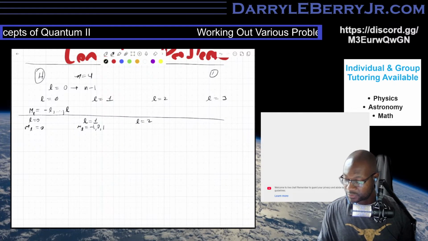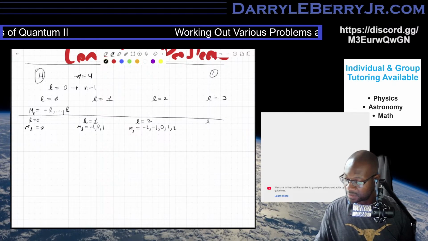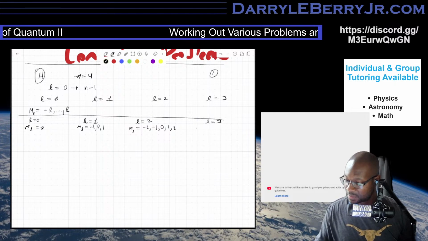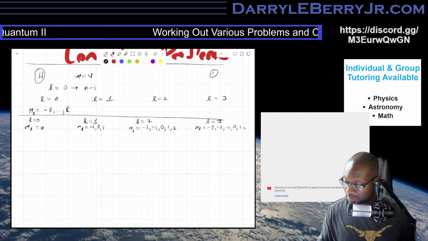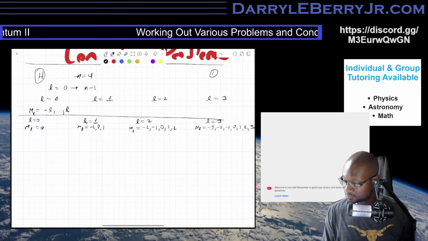L equals 2, ML equals negative 2, negative 1, 0, 1, 2, and L equals 3, ML equals negative 3, negative 2, negative 1, 0, 1, 2, and 3.